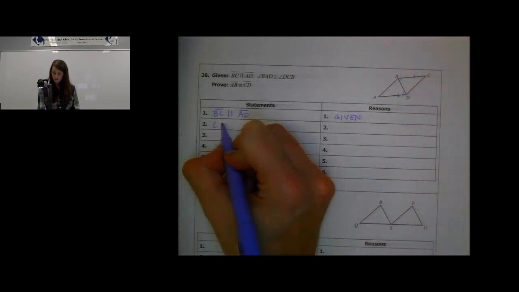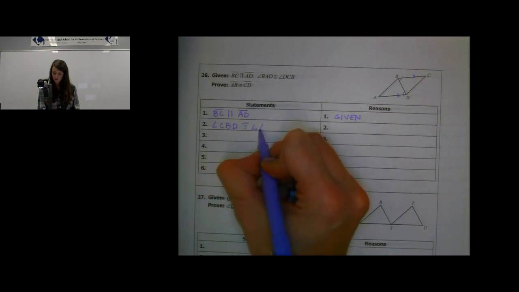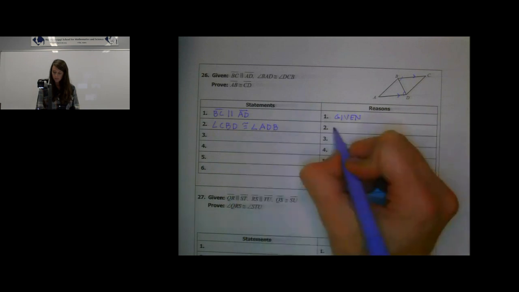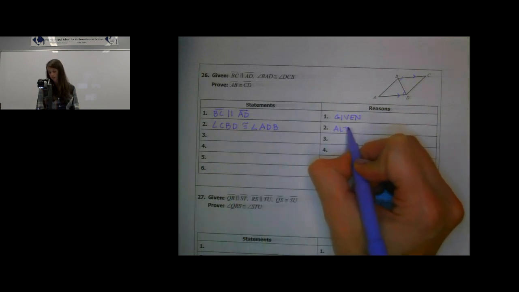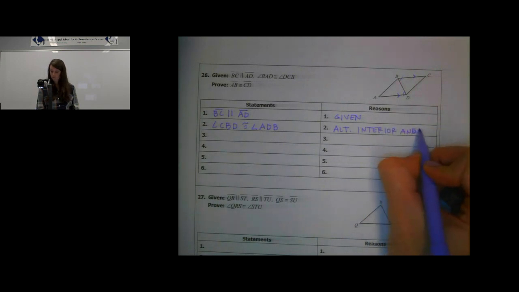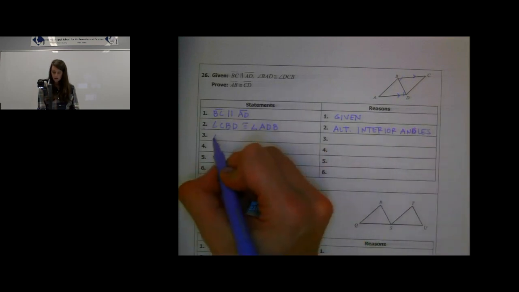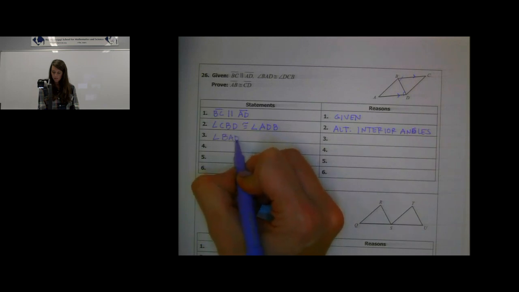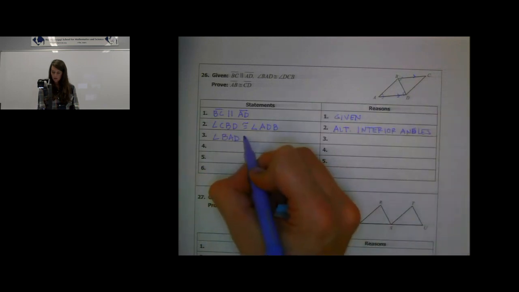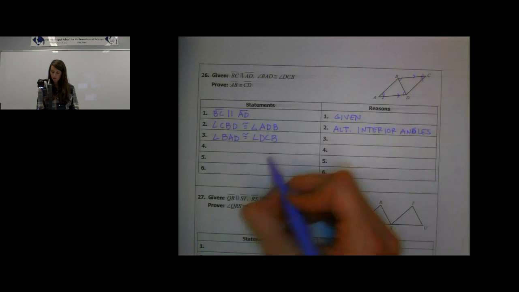So angle CBD is going to be congruent to angle ADB. That's alternate interior angles. Then angle BAD is going to be congruent to angle DCB. Sorry, DCB. That was given.